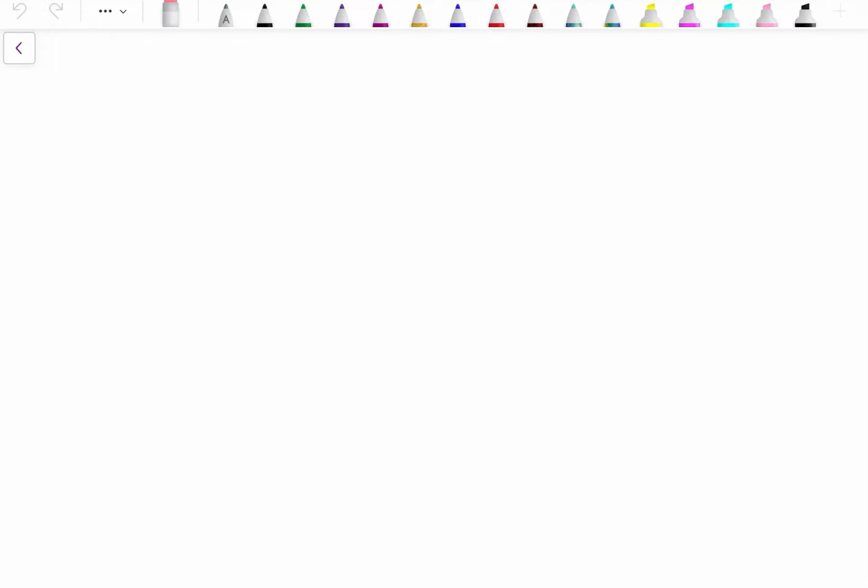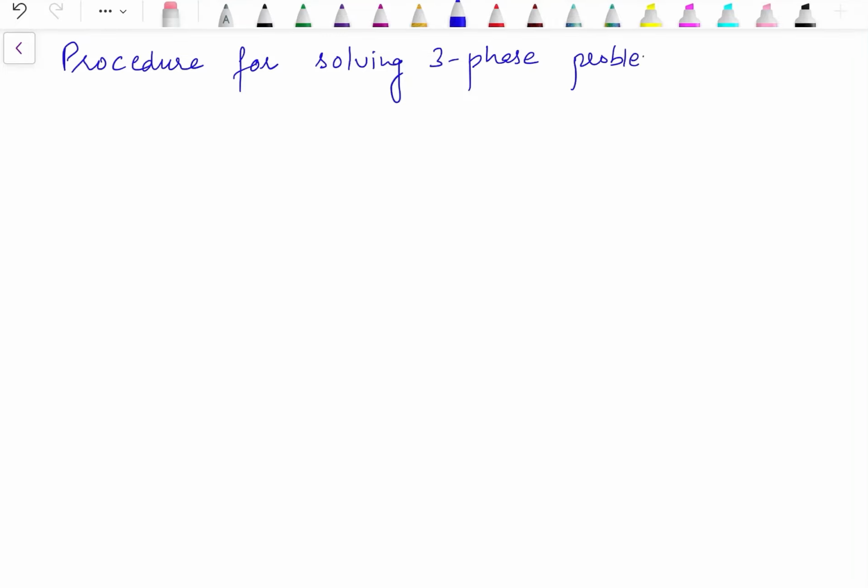So let's start with the procedure which needs to be followed for solving three-phase problems.